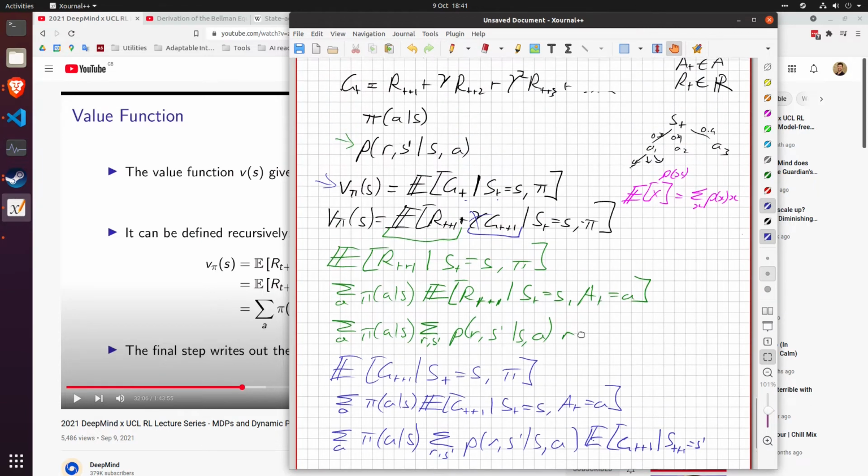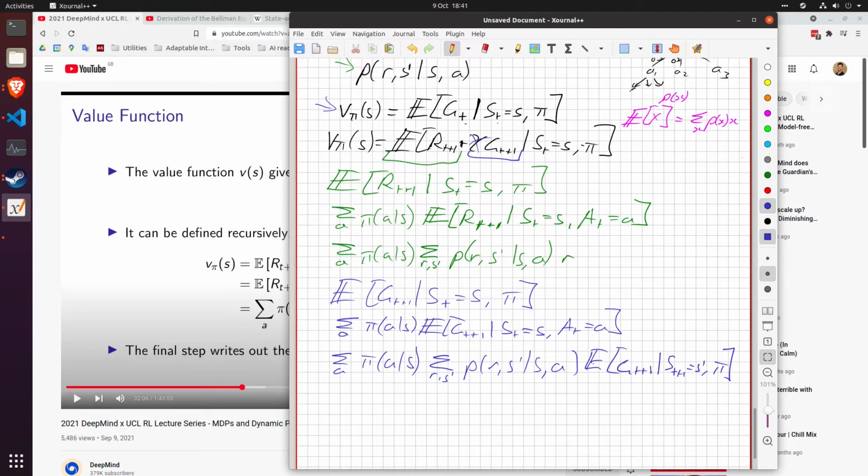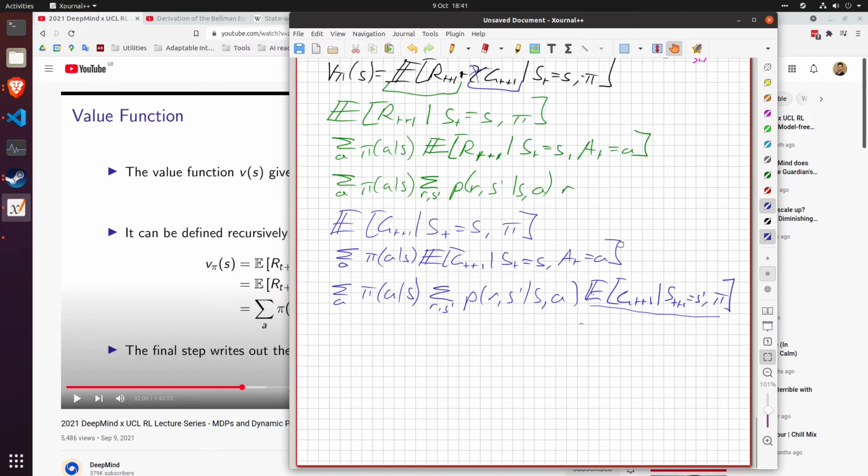And is that all we need? We also know what the policy is, by the way. I'm just going to add that in so you can see how the next step works. Now I'm allowed to do this substitution where this looks exactly like this, except now we have a t plus 1 and a t plus 1. So I can just copy this down.